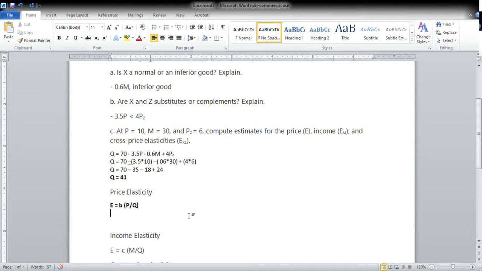So B is the factor of the price of the variable in question, which means that it's negative 3.5. E equals negative 3.5 times, now what's our P? Our price is 10 divided by our quantity, which is 41. So that means, if you do the math, that E equals negative 0.85.